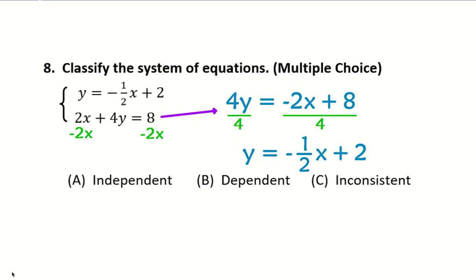The bottom line is you need to know what independent means, and dependent and inconsistent. See this problem exactly here is kind of multiple choice, but you need to know, so write this down. Independent is where you're going to end up with one answer. Remember, these are lines.